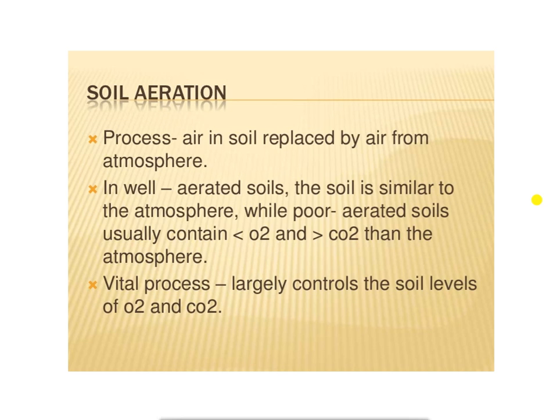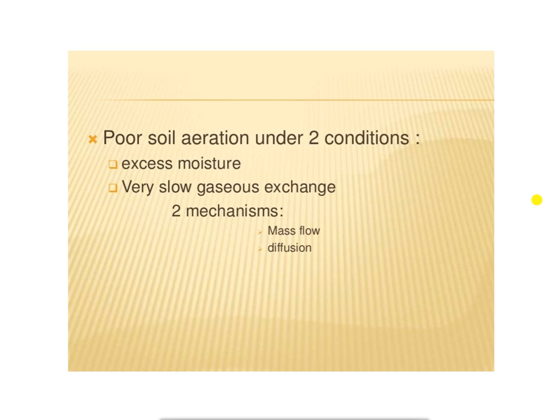Then soil aeration, that is the process of exchange of gases between soil air and atmospheric air. It is the most vital process which largely controls the levels of oxygen and carbon dioxide. Poor soil aeration occurs under excessive moisture.